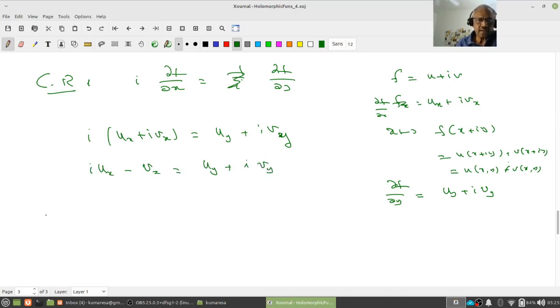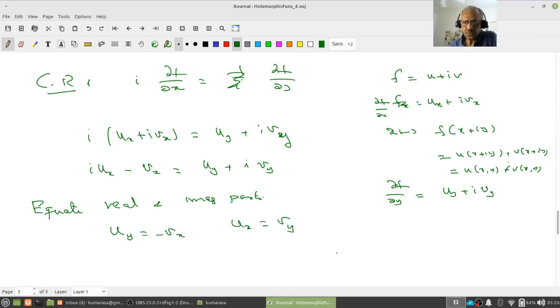Yeah, and equate the real and imaginary parts. Then what do I get? I get u_y equal to minus v_x and u_x equal to v_y.